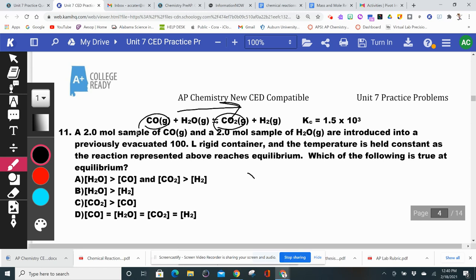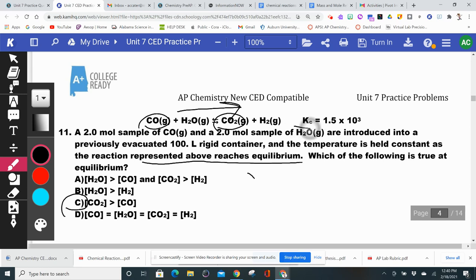As the reaction above reaches equilibrium, from the way it's worded, it's not currently at equilibrium. So if it's not at equilibrium, then our reactants are going to make products. So our concentration of product should be greater than the concentration of the reactant once it reaches equilibrium.